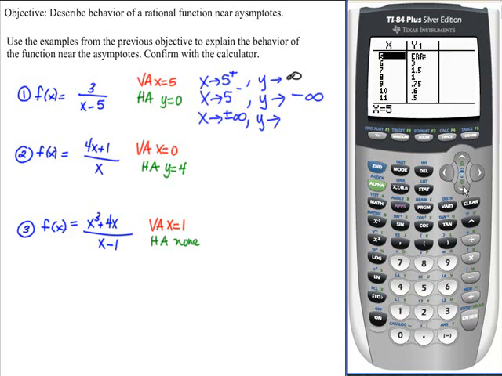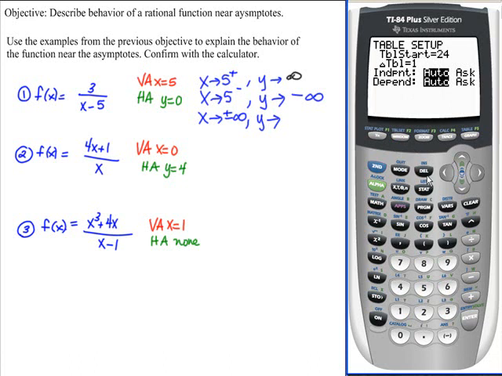Now you can certainly scroll down and see that as I get larger and larger, my y values are getting smaller and smaller and smaller. So let's have our table start at 100, and now let's have a change in table of 100.